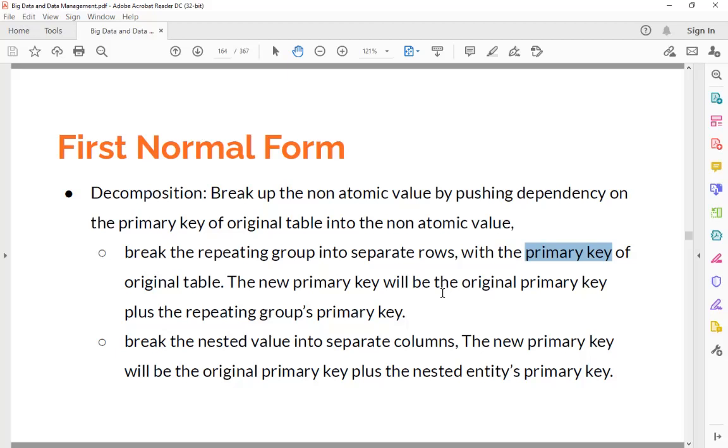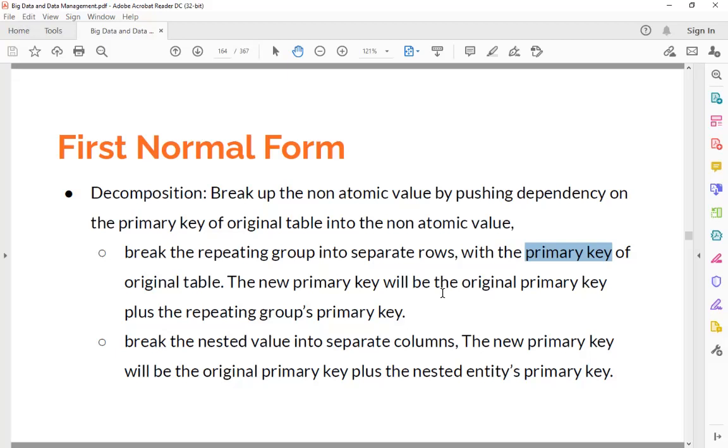So for a repeating group, you have multiple elements inside this repeating group. You will have each element as a new row of the new relation, or new table. Meanwhile, you will also add the primary key and the dependencies, which basically means all the values in the original table, into the new relation together with the repeating group elements.